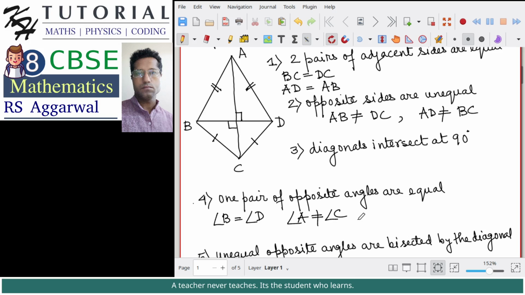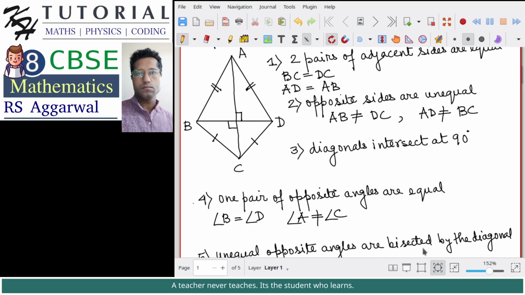Now, in this figure, the way it has been drawn, it is clear that angle B will be equal to angle D. Possibly in the problem, it will be given which pair of opposite angles are equal. So one pair of opposite angles will be equal.